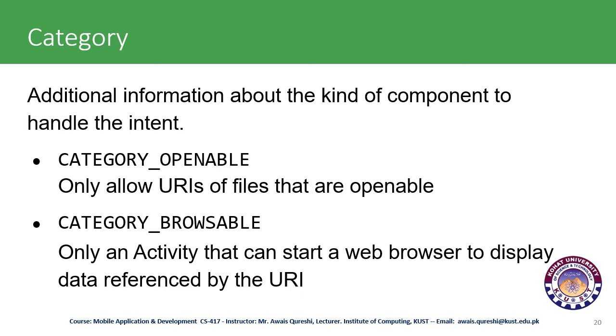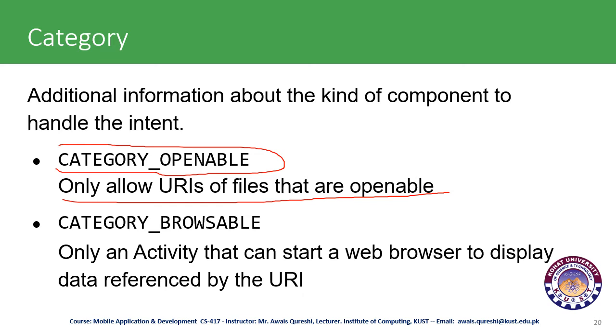Additional information about the kind of component to handle the intent. We can use these constants like CATEGORY_OPENABLE, only allow URIs of files that are openable. If you want to open some files, you should mention this in the intent, CATEGORY_OPENABLE.